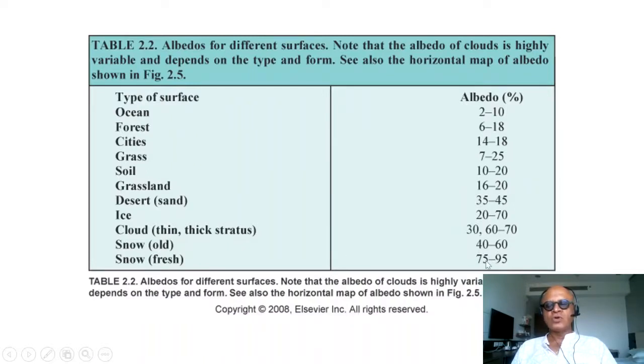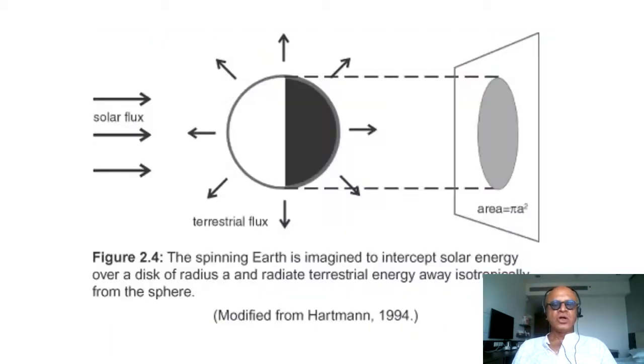Whether it's old or dirty and whether it's fresh and clean will determine how bright they are. Clouds range from as low as 30% albedo to 60 to 70%, and we will see that Earth as a whole, averaged for the globe, has albedo of about 30% or 0.3 in the calculations we will do.